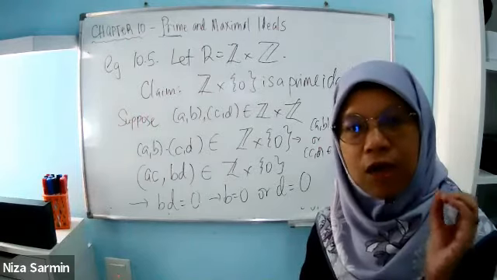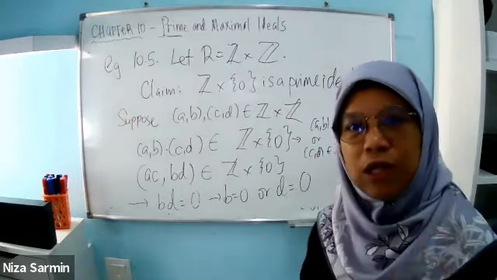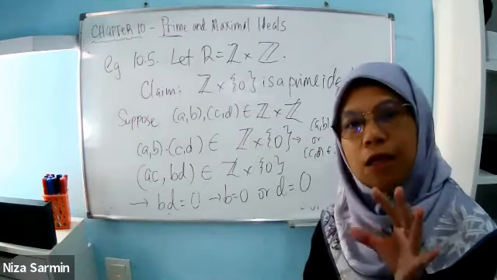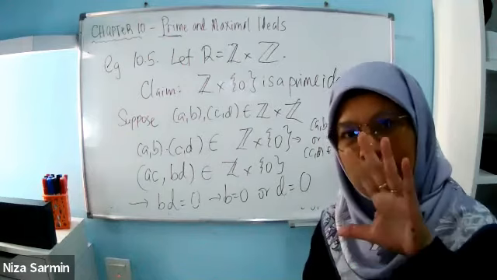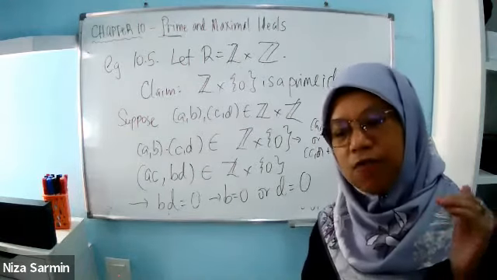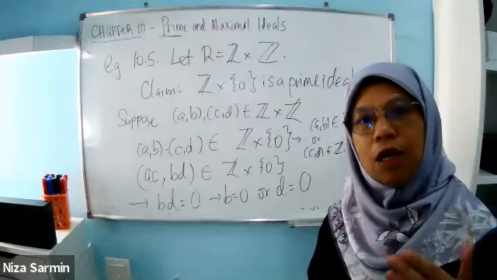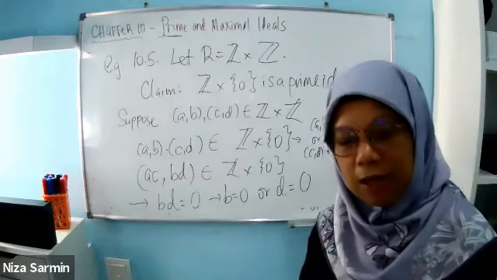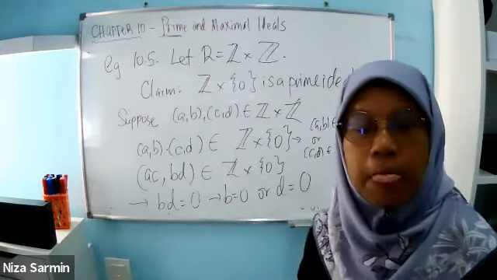Remember, if I ask you a question where it's not commutative or there is no unity, you cannot use this theorem. First you have to get that this ring is commutative with unity. If you take the quotient and it is a field, then it's maximal. If you take the quotient and it is an integral domain, then it's a prime ideal. And then you know that every maximal ideal is prime.